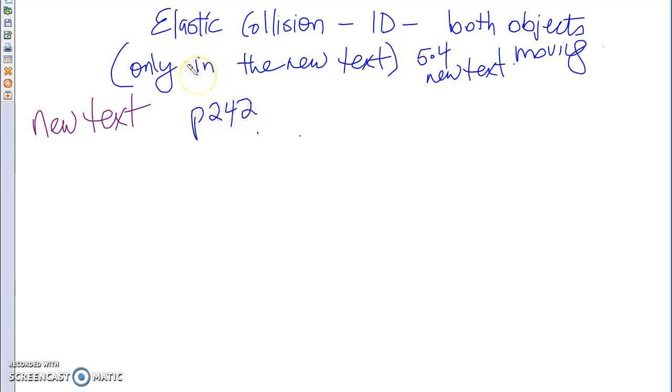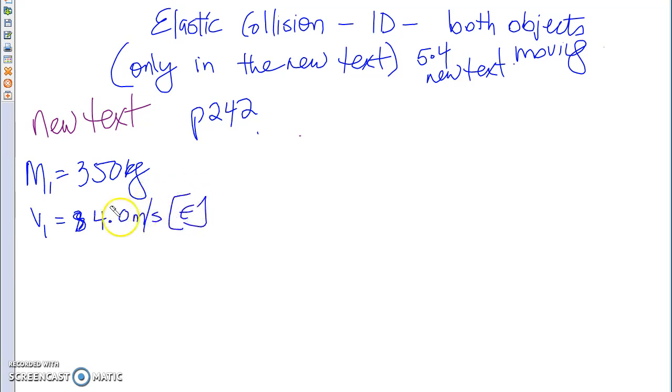It says in a bumper car ride, bumper car 1 has a total mass of 350 kilos. So mass 1 is 350 kilos, and is initially moving at 4 meters per second. So V1 is 4.0 meters per second going east. In a head-on completely elastic collision, bumper car 1 hits bumper car 2.